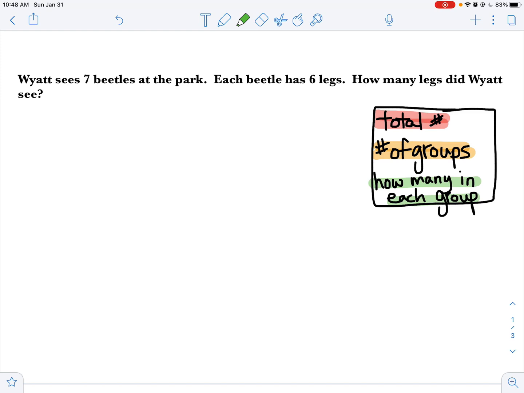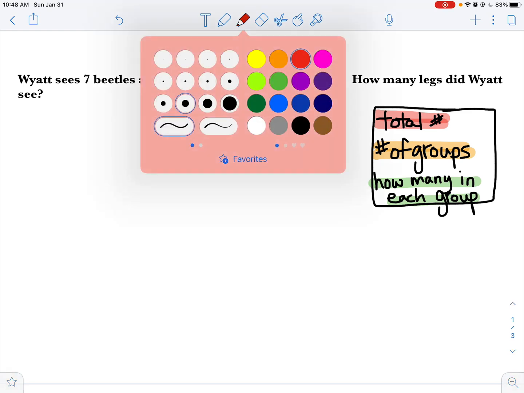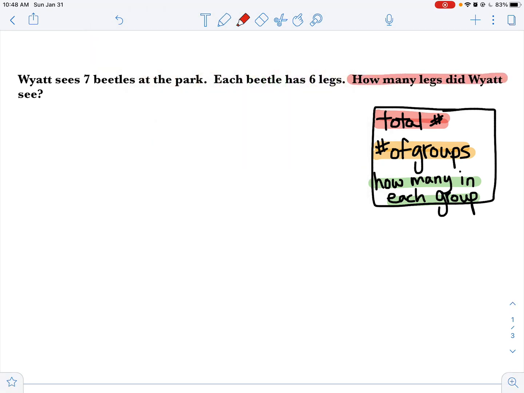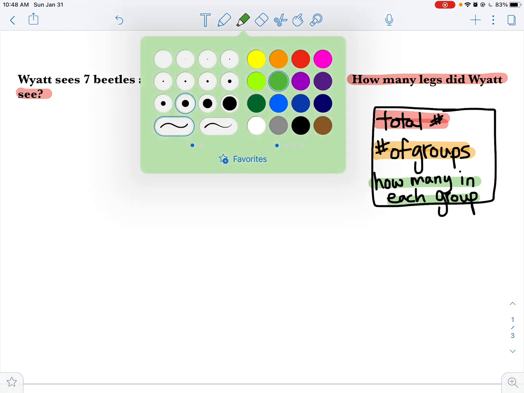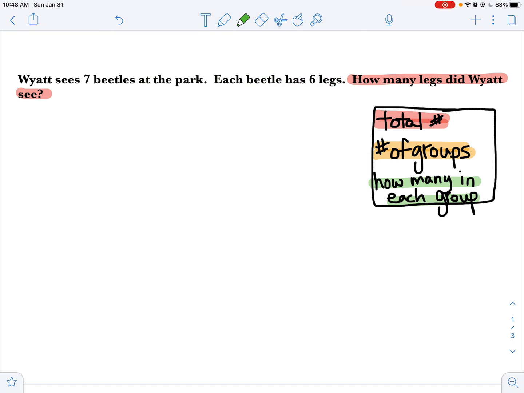Okay, so it sounds to me, when it says how many legs did Wyatt see, that there's going to be a lot of them, right? There's more than just 6, because each beetle has 6. So it sounds like my total is going to be how many legs Wyatt saw. That's what I'm going to be looking for. If I think about the other part, Wyatt sees 7 beetles at the park, and each beetle has 6 legs.